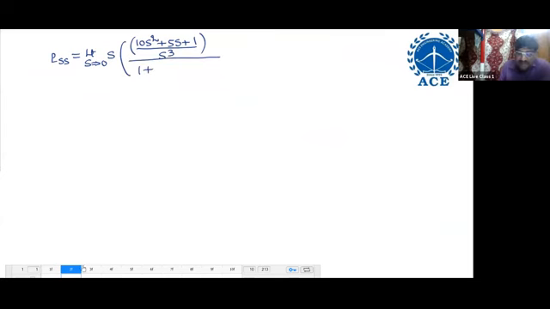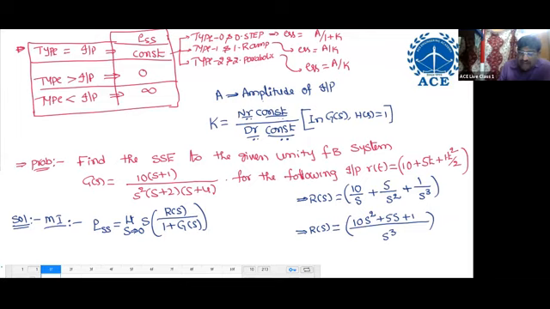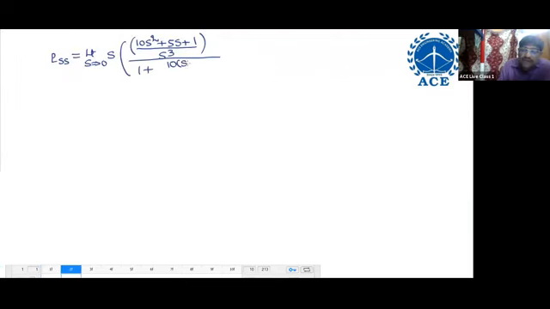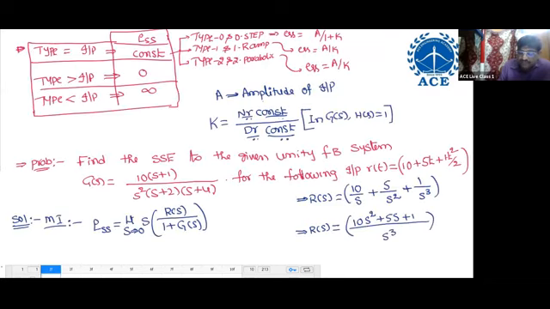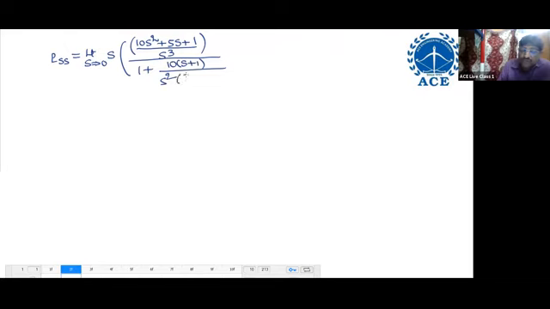So ESS equal to limit S tends to 0, S into R of S, which is 10 S square plus 5S plus 1 by S cube, divided by 1 plus G of S. What is G of S? 10 into S plus 1 divided by S square into S plus 2 into S plus 4.